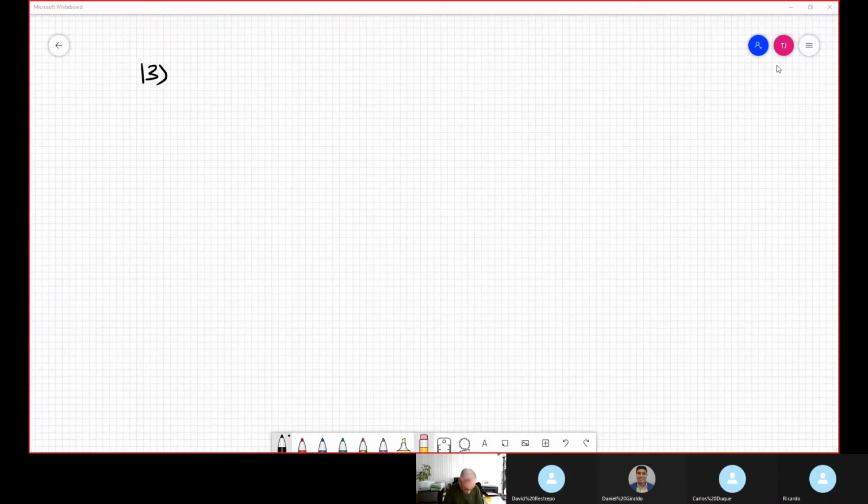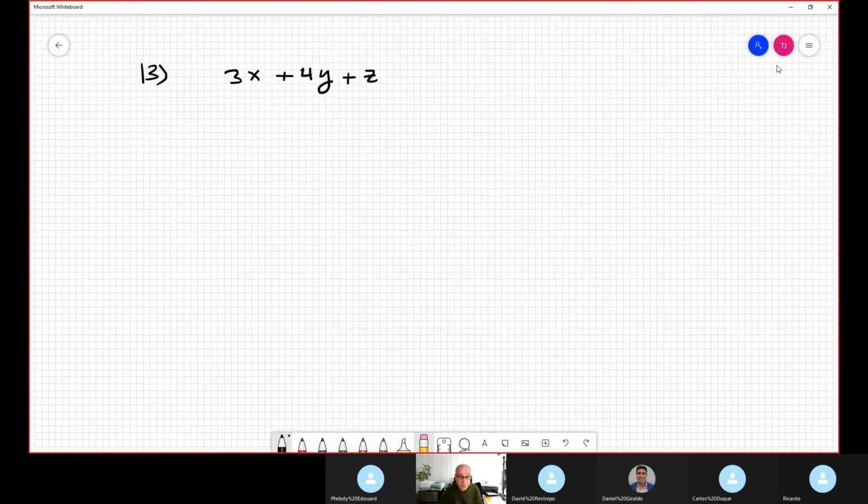Okay, 13. Problem 13 is basically to compute the volume. Compute the volume of the solid that is below the surface 3x plus 4y plus z equal 12, below this, less than, and z greater than or equal to 0, bounded by the region between x squared plus y squared equal to x.